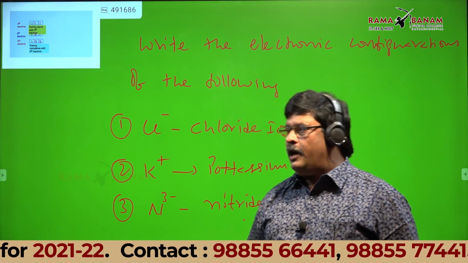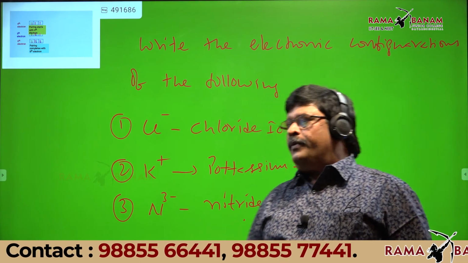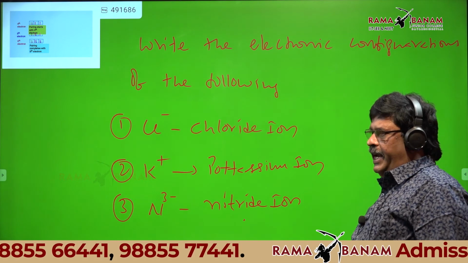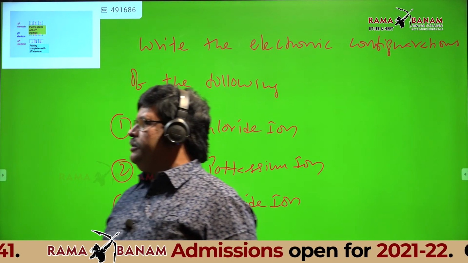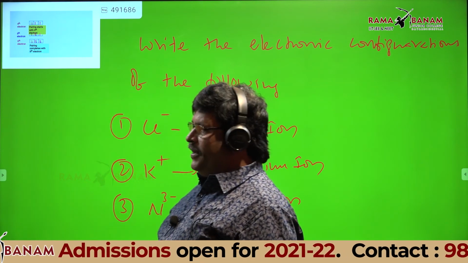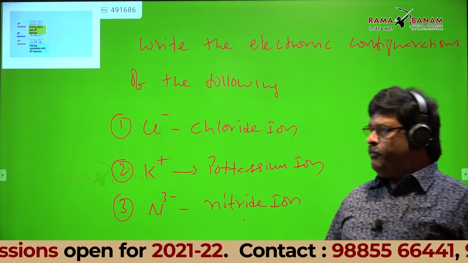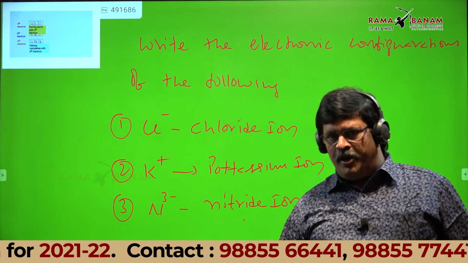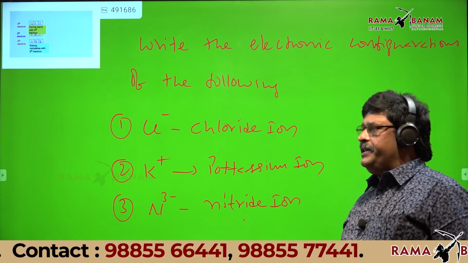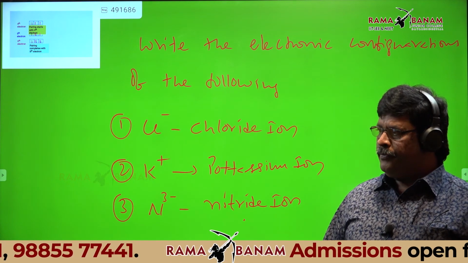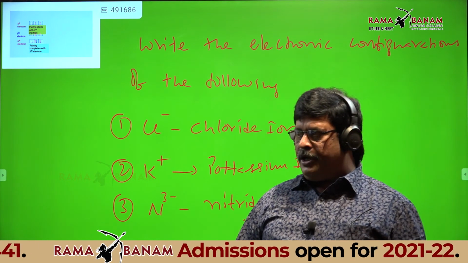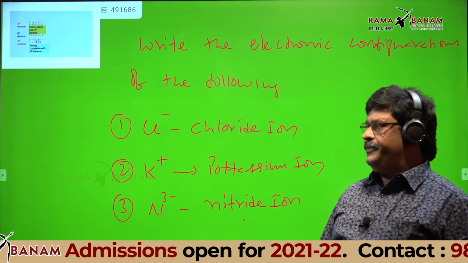After that, we'll write the configurations of these three. I have given chloride, potassium, and nitride ions, and I want their electronic configurations. My question is, which of these three has an octet configuration?